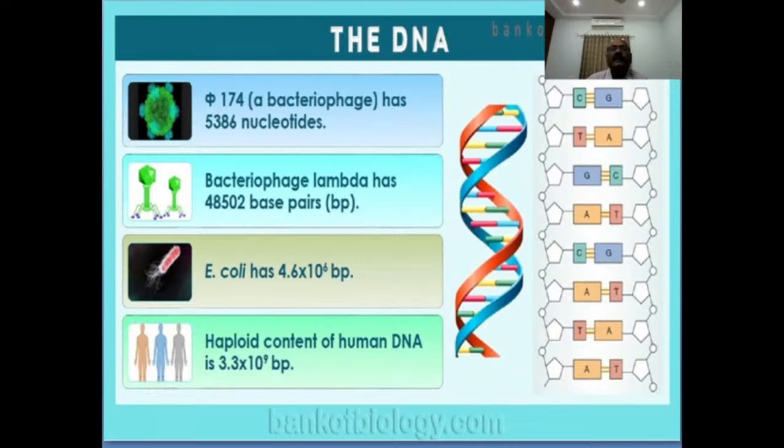Regarding this DNA, lambda 174 is a bacteriophage. Bacteriophage means it is a virus. A virus that attacks bacteria is called a bacteriophage. It has 5,386 nucleotides. That means the number of nucleotides is fixed in the lambda 174 bacteriophage.